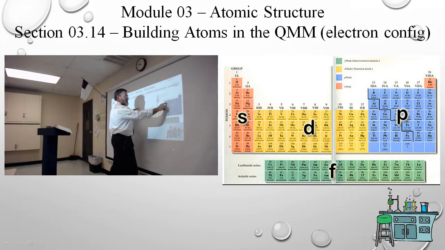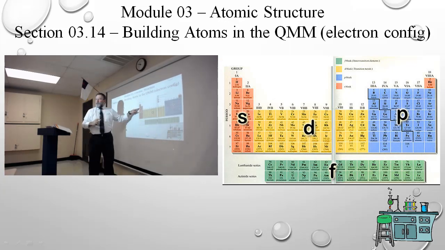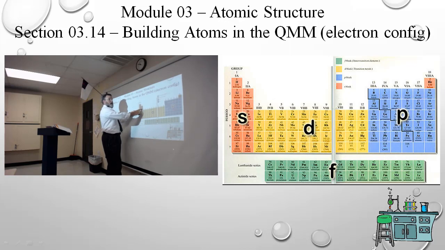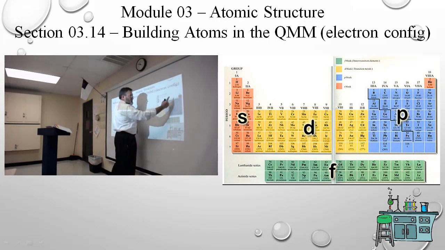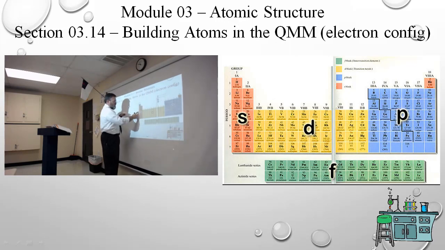There's the p's: p1, p2, p3, p4, p5, p6. What comes next? The third energy level: s1, s2. What comes next? 3p1, p2, p3, p4, p5, p6. What comes next? Fourth energy level.